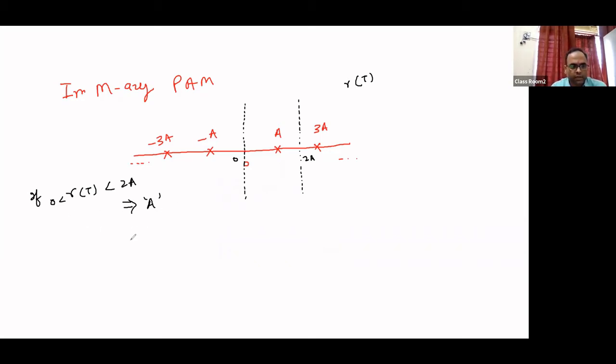So we can further say that, because we have to talk on probability of error, we have to take the case when error will occur.